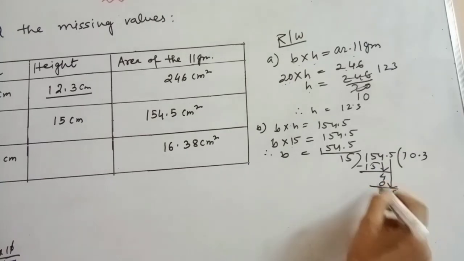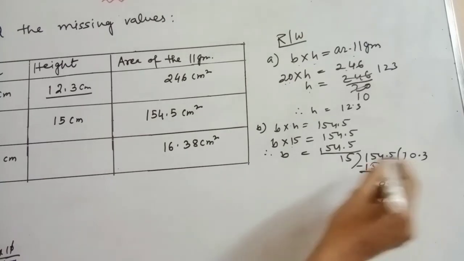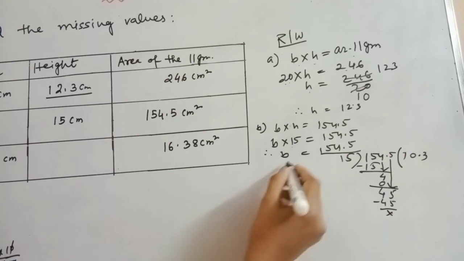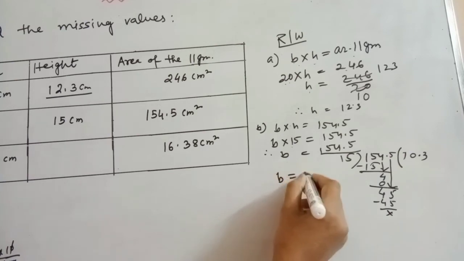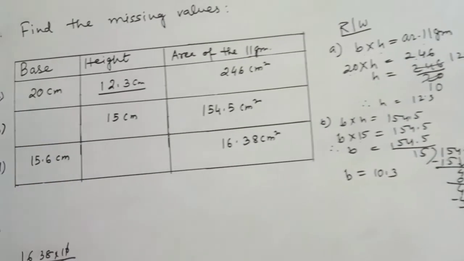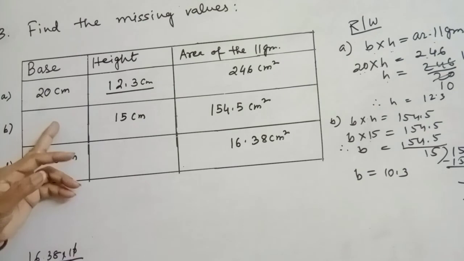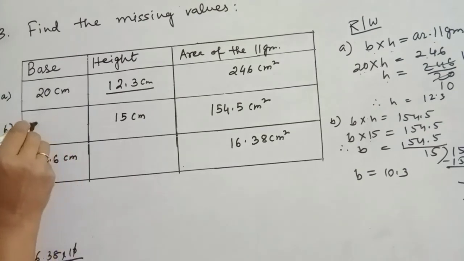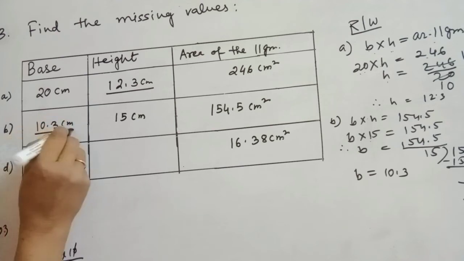So the subtraction result is 10.3. So what will be the base here? Base is equal to 10.3. In this question number B, base will be 10.3 centimeter. It was missing.